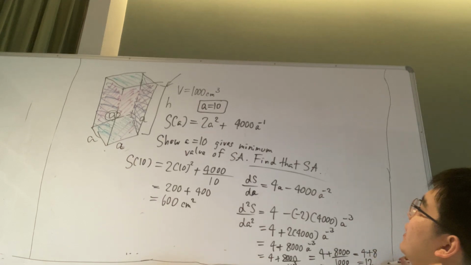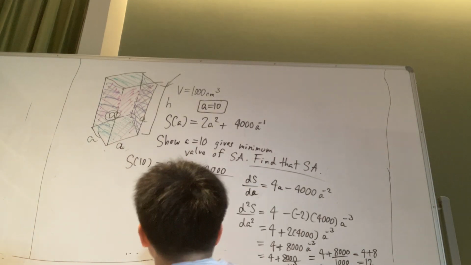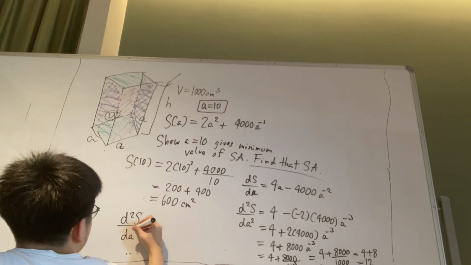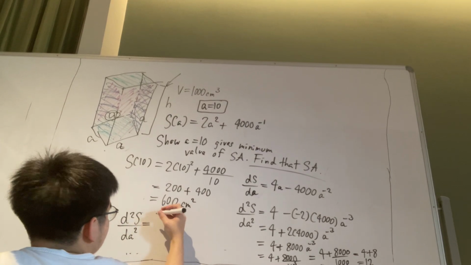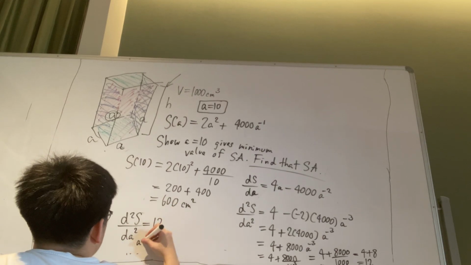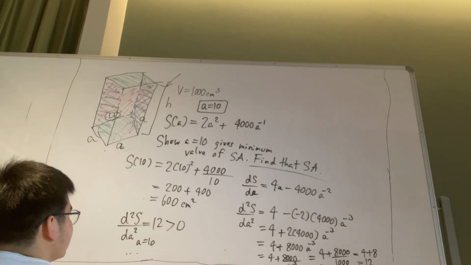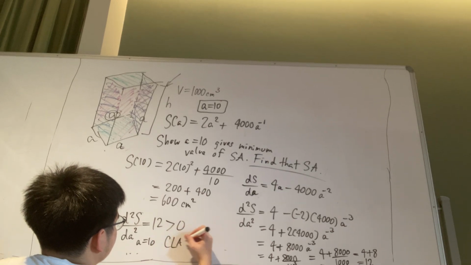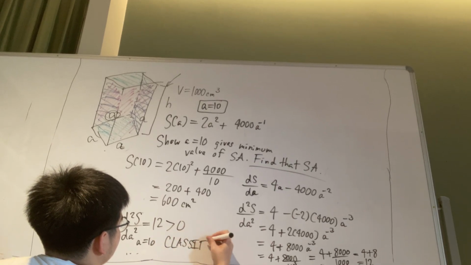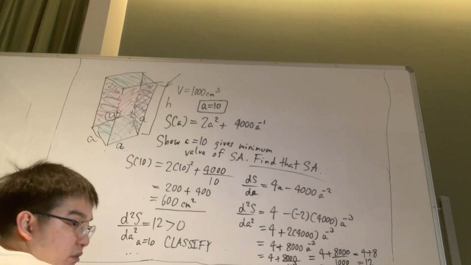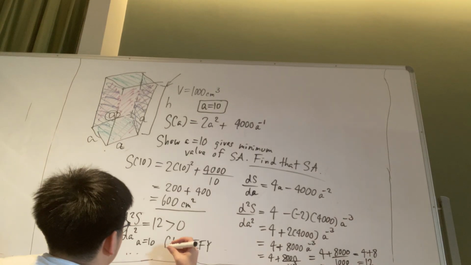We don't care about the value of it insofar as d squared S over dA squared, which equals 12 at a equals 10, is positive. That means that you can classify it as a minimum. But the actual minimum surface area is 600 centimeters squared. Don't get them confused together.